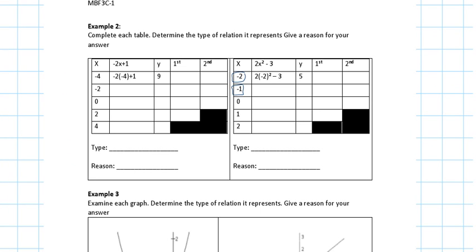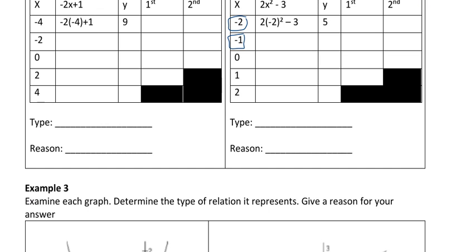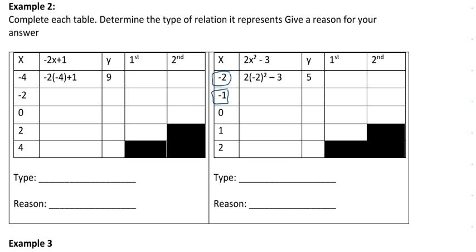So I'm going to replace x with negative 2. So it's going to be 2 times negative 2 squared minus 3. First thing I do is the negative 2 squared, which gives me, what's negative 2 squared? Positive 4, times 2 minus 3. 2 times 4 is 8. Take away 3, that's 5.